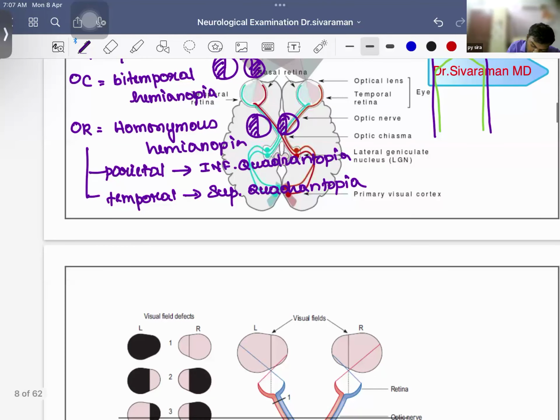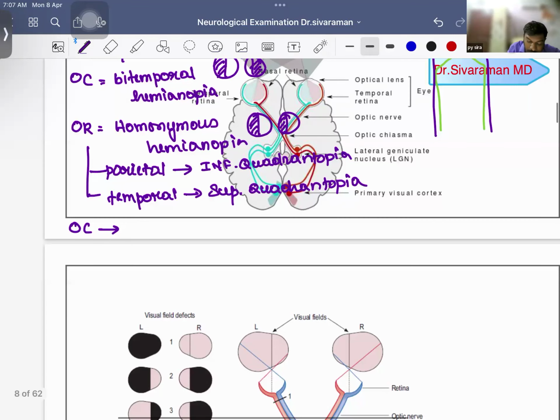Then next is the occiput. The occipital cortex is the point where the fibers enter, and whenever it is involved, there is going to be macula sparing homonymous hemianopia.